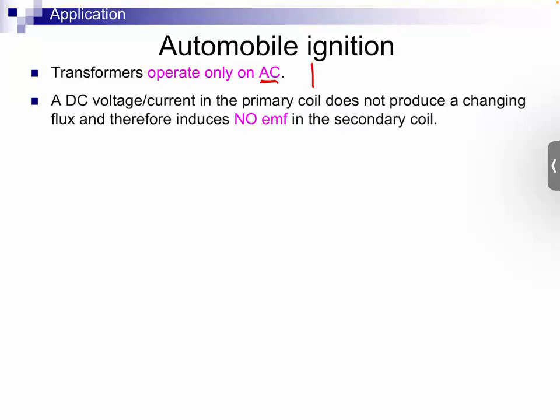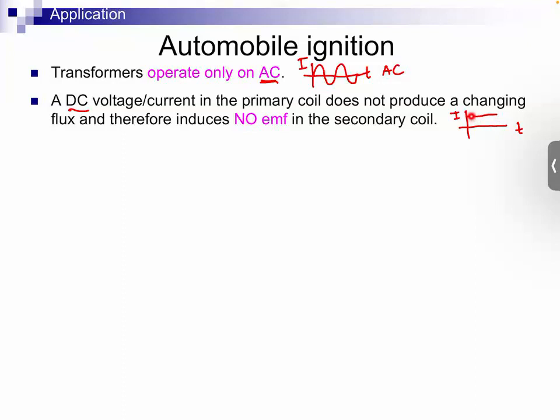An alternating current is one where the magnitude of the current is changing with time. A direct current, of course, is one where the current is constant throughout time.